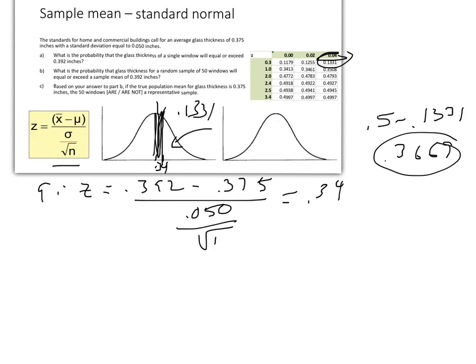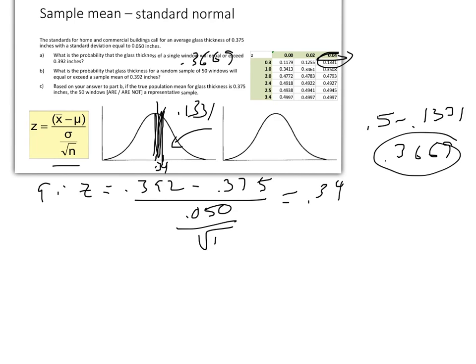So the answer to part A is 0.3669 or 36.69% probability of a single pane of glass exceeding 0.392 inches. Okay, so 0.3669 is part A. Now, okay, so that's for a single sample.